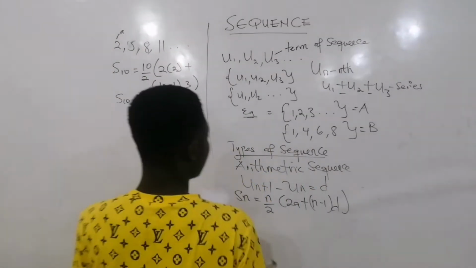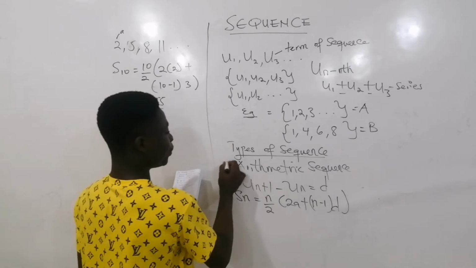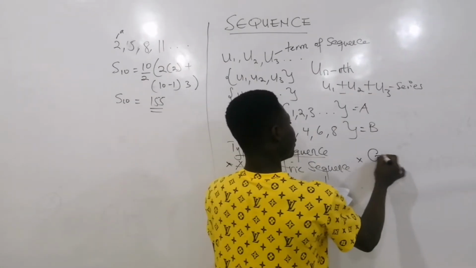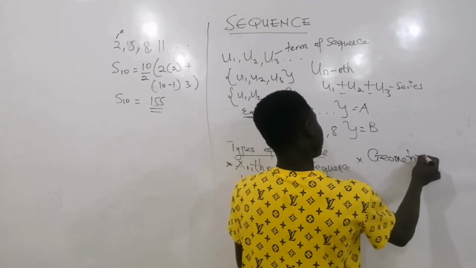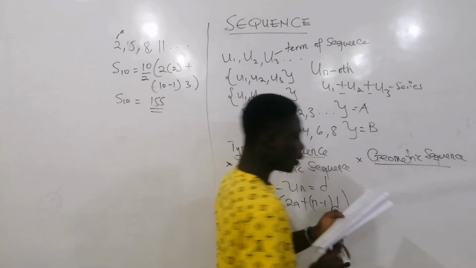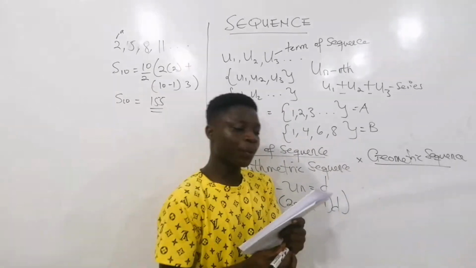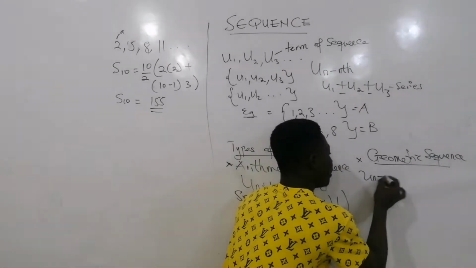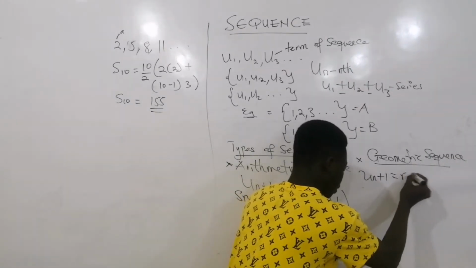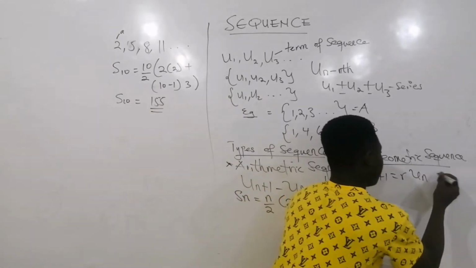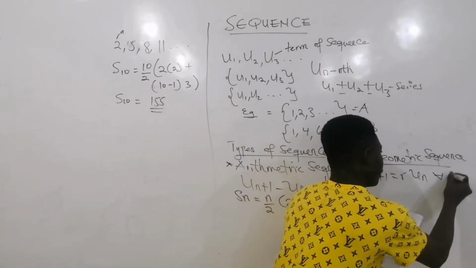The next type is called the geometric sequence. With a geometric sequence, a sequence un is said to be geometric if un+1 is equal to r·un, for all n.